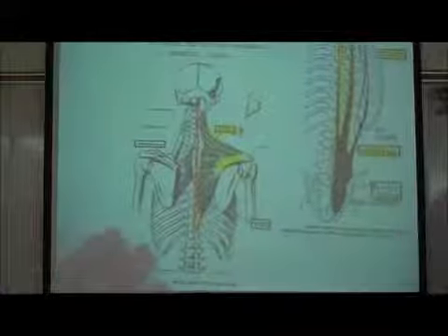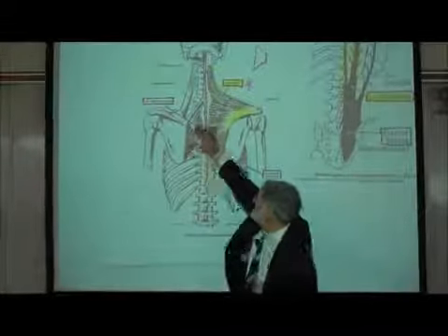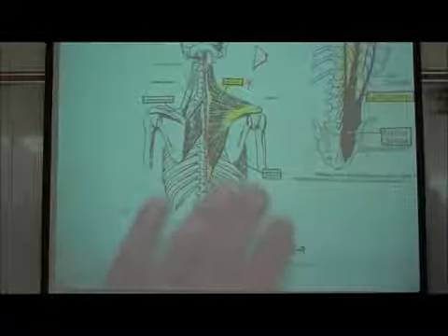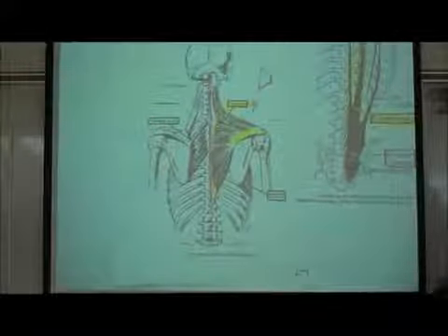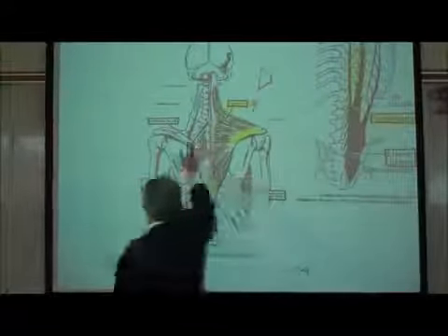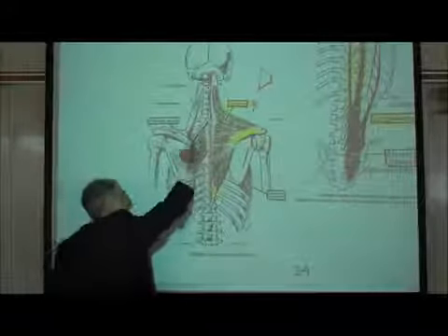We can see them pictured on I-9. On I-9, the rhomboideus is shown right here. It's actually underneath the trapezius. You actually have to remove the trapezius or pull it to the side to see the rhomboideus. The rhomboideus is a much smaller muscle than the trapezius. It's a helper. It's a synergist.